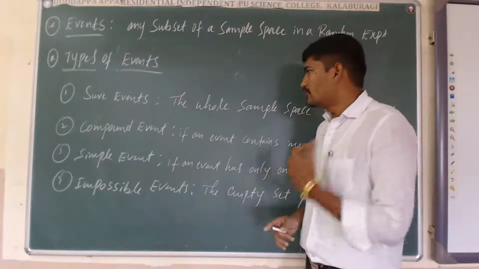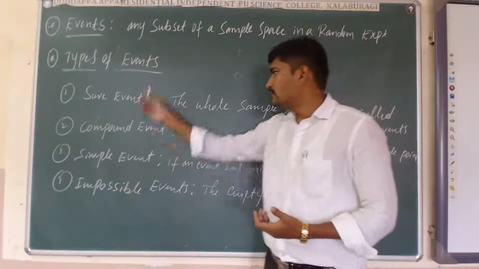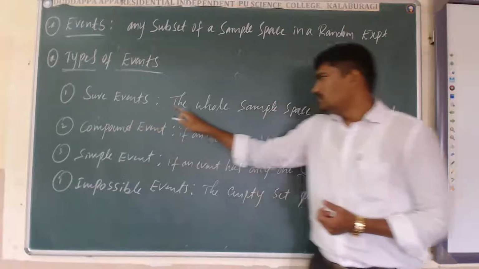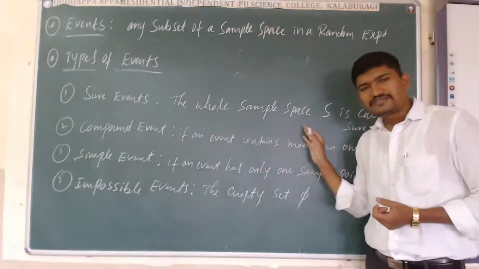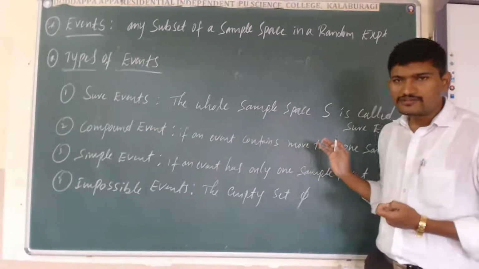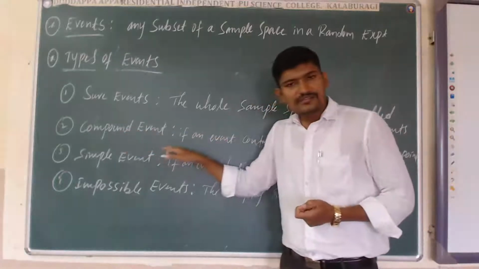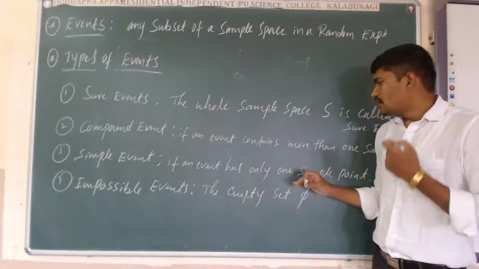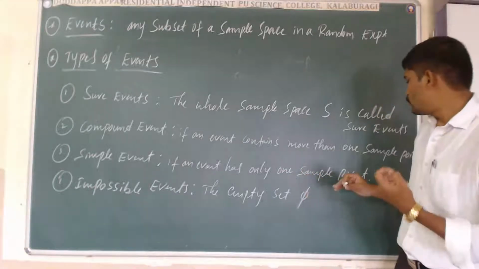So once again I will explain these four events. Sure event is nothing but the whole sample space. Compound event is nothing but if an event contains more than one sample point.